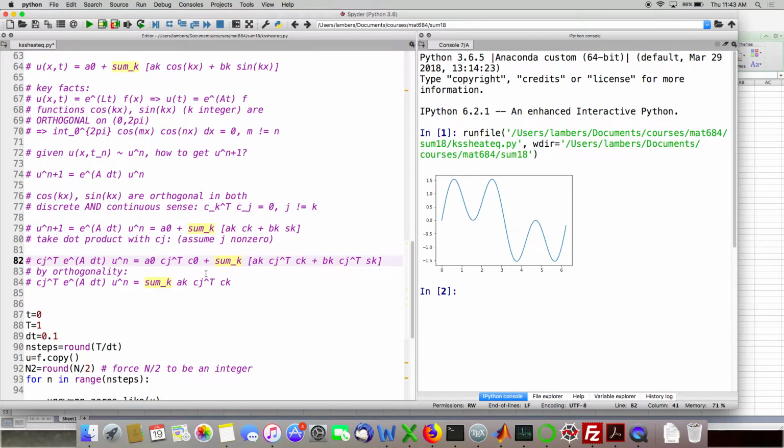But also, Cj is orthogonal to all of the Ck's as well, except for Cj itself. So what we get is this sum collapses into one term, Aj Cj transpose Cj.